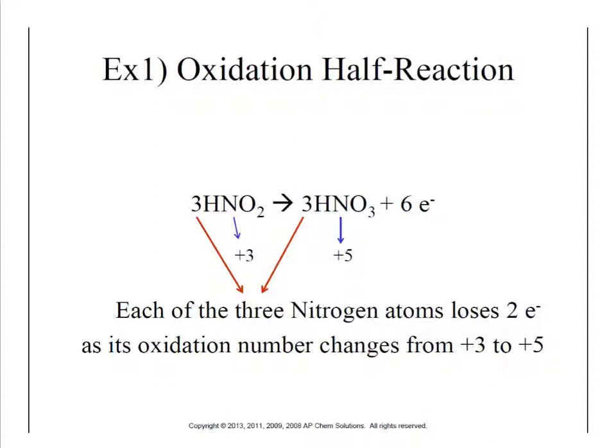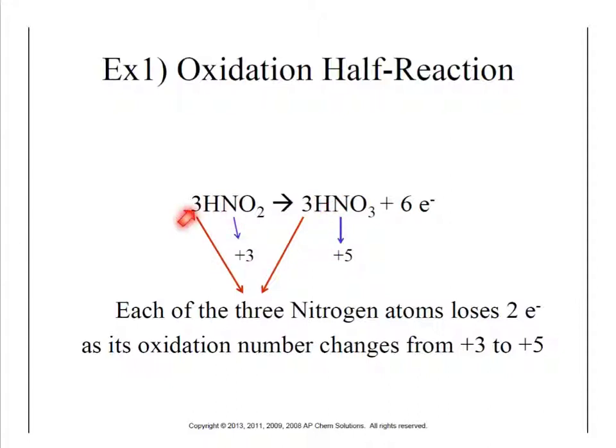And of course we can do it with the other half of the reaction, the oxidation half. Nitrogen went from +3 to +5, so it was oxidized. If we wrote just the oxidation half, we would show HNO2 turning into HNO3. Notice that a single nitrogen would lose 2 electrons.